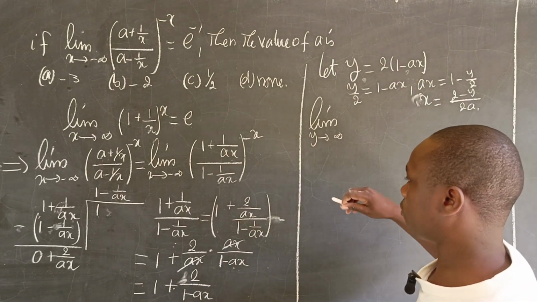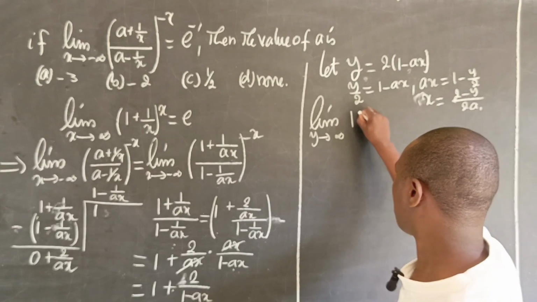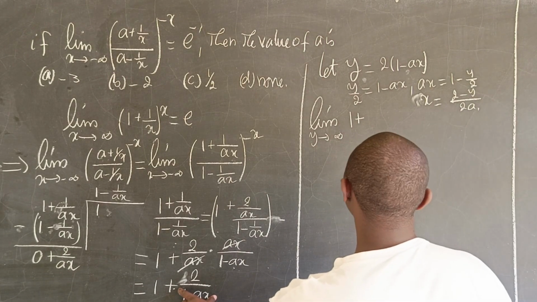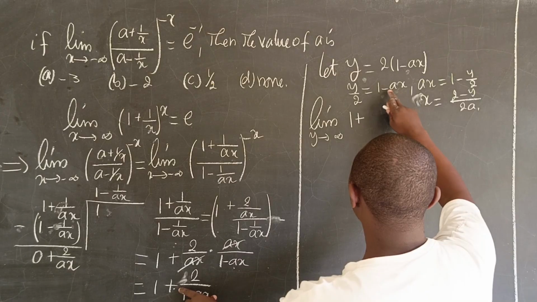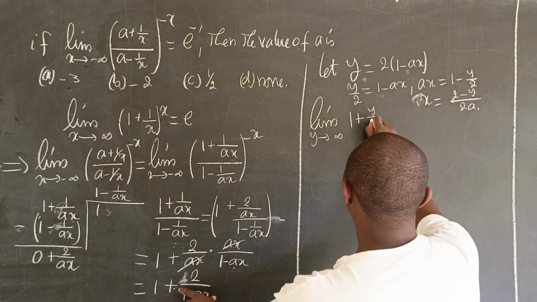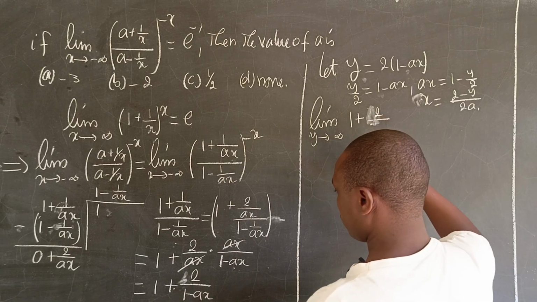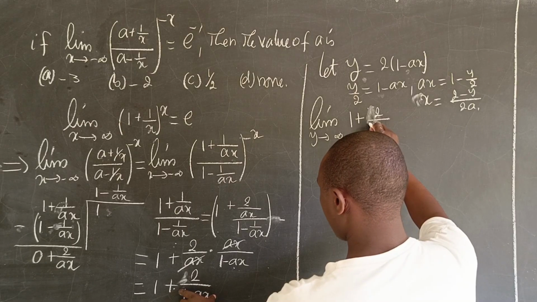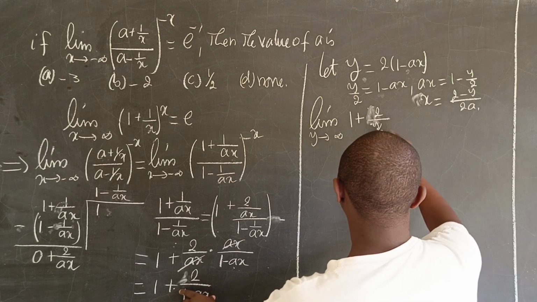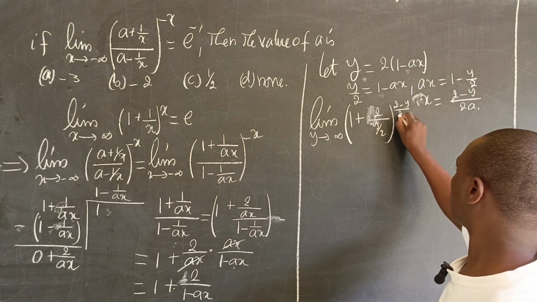So y tending to infinity of 1 as it is here, plus this stuff, which is y over 2, minus ax is y over 2, so it's 2 over y over 2, power 2 minus y over 2a.